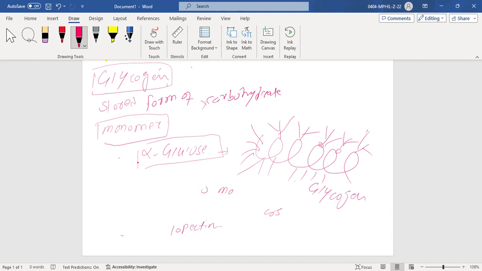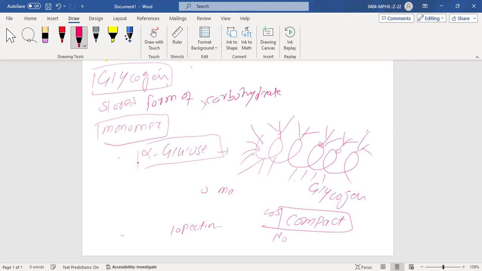The branch structures have more terminal ends, as I have shown you. It is compact because the branches produce a compact structure. It is not soluble.